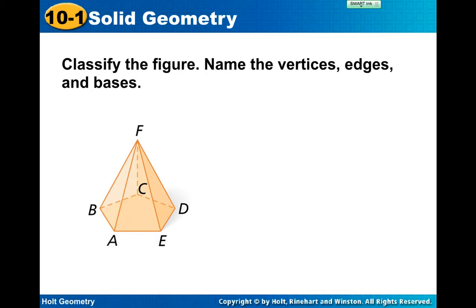I just did. If you're naming all edges, yes. Now, edges are segments, so what symbol should you have? There should be a little segment symbol on the top of all your edges. If you don't have the segment symbol, you're not actually naming the segment, you're naming how long it is. The segment symbol should be there.